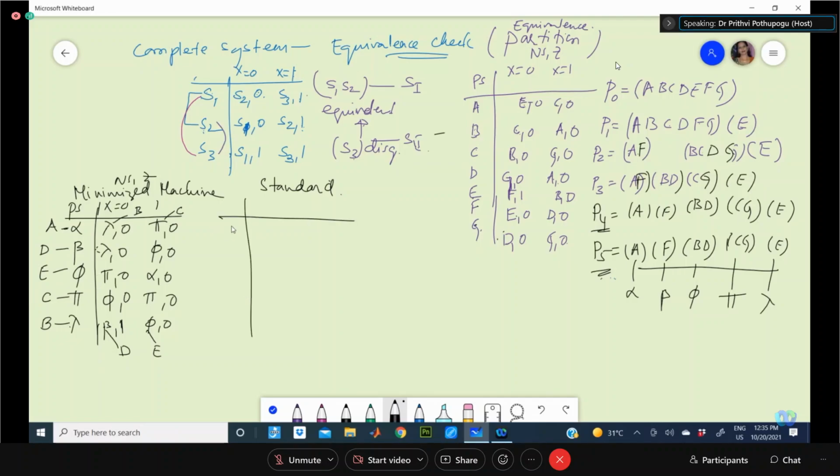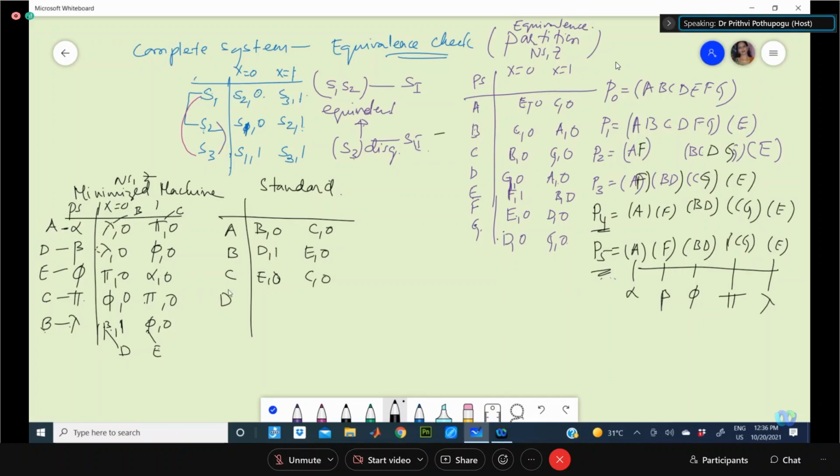So accordingly, we have to write this table. Now see, A goes to lambda. It is B0, C0. Now what is B? B is this one, lambda. So B goes to D1 and E0. Next, C is this one. C goes to E0 and C0. Next, D. D is this one, beta.